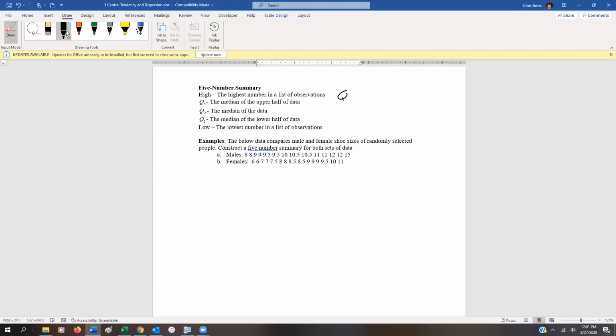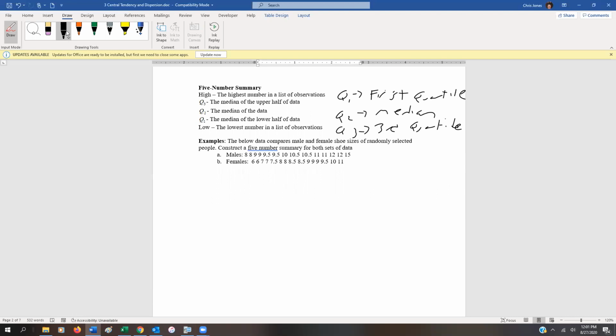Q1 is the first quartile, and then Q2 is the second. Q2 is also the median. Finally, Q3 is the third quartile. Essentially, these designate the 25th percentile, the 50th percentile, and the 75th percentile.